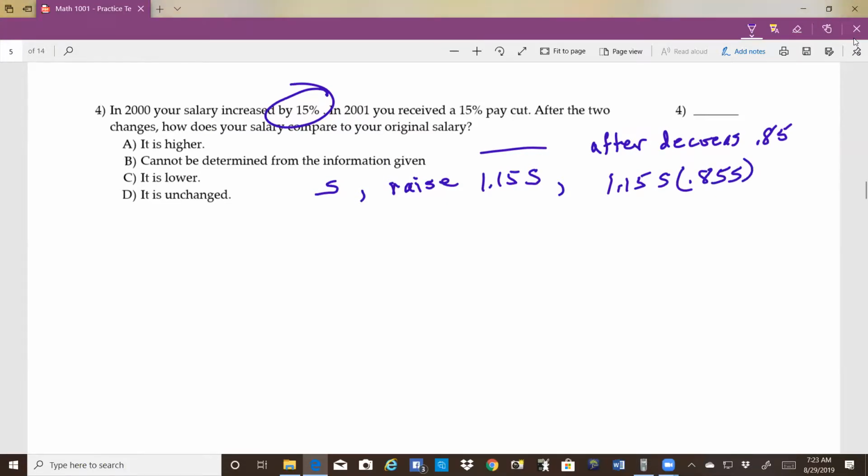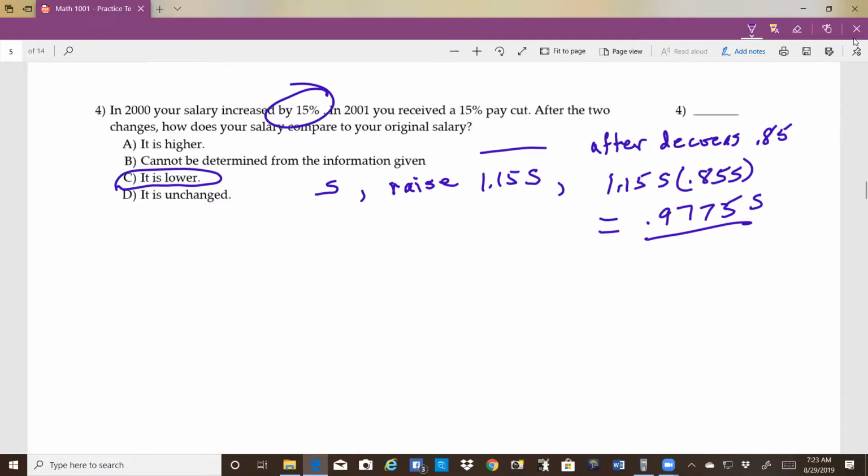And if you multiply these together, you get 0.9775S, which means that he's making less than he was originally. So it is lower.